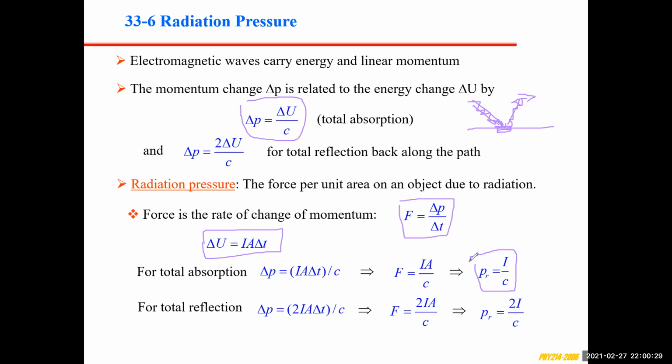It means that when an electromagnetic wave impinges upon a surface, this surface experiences a pressure from the electromagnetic waves. If this is total absorption, then you will have a magnitude of I over C. If it is total reflection, then it will be twice that. So the radiation pressure is I over C for total absorption, and 2 times I over C for total reflection.